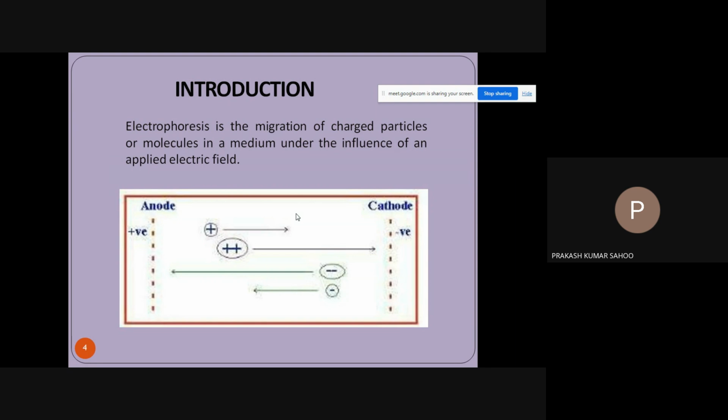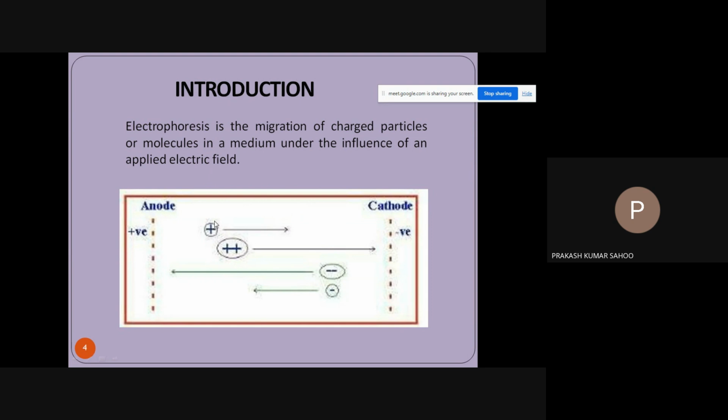This is what we studied in classes 9, 10, 11, 12 in electrochemistry or physics. The general principle was proposed by Michael Faraday: migration of charged particles towards their respective electrodes in a definite medium, under the influence of an applied electric field.